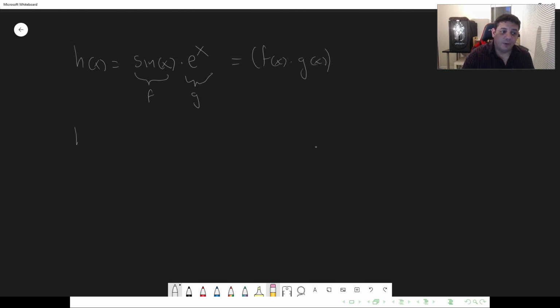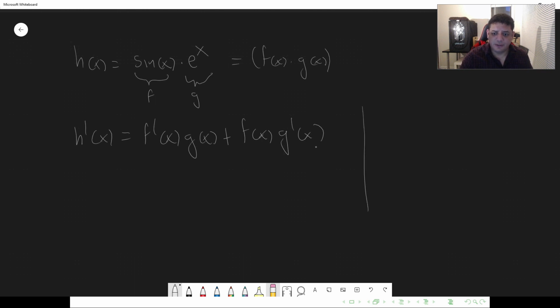So if we follow the formula of the product, we're going to have this. And what this means is that we get to find out the derivative of the function f and the derivative of the function g, and we can plug them in the formula.